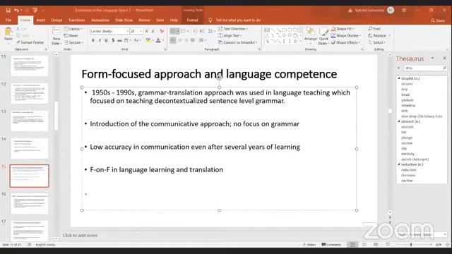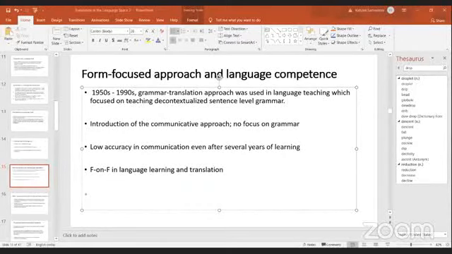But unfortunately, the learner's accuracy in communication, particularly in writing, declined considerably because there was no focus on the grammatical structures, no focus on sentence construction.